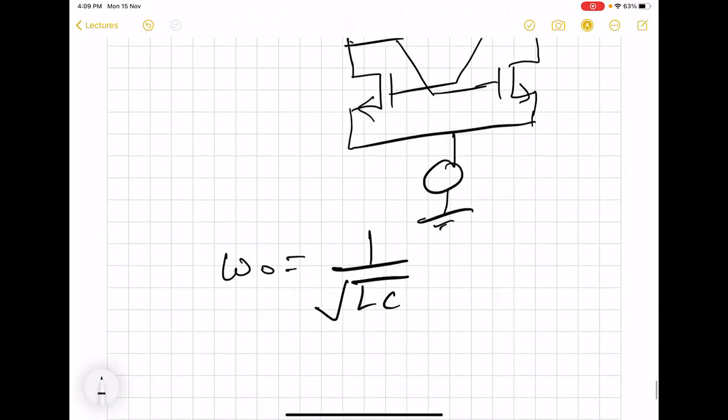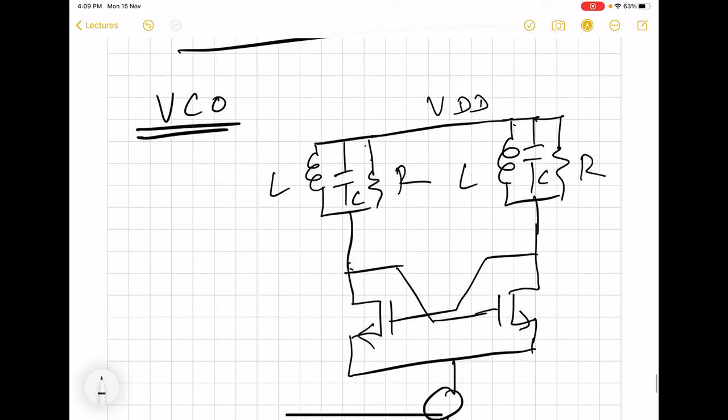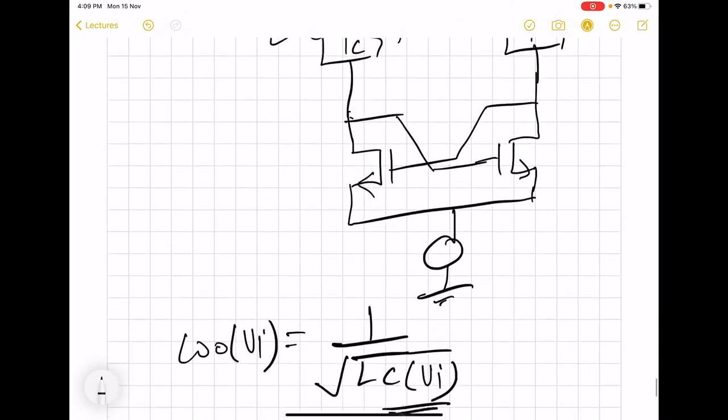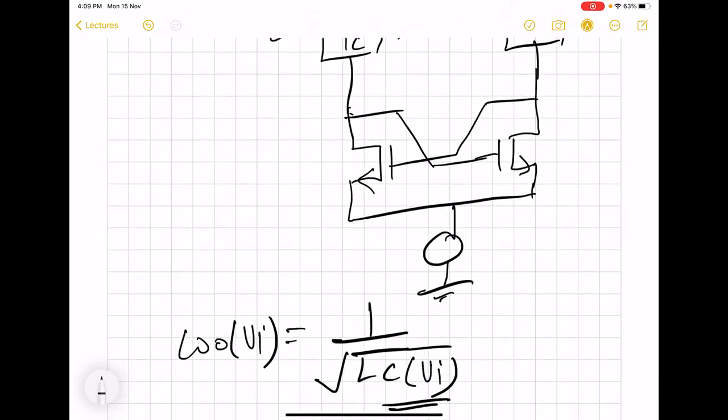If you want to change the oscillation frequency, that means if you want omega naught to be dependent upon a certain input voltage, then typically it will be easier to change this total capacitance that we see here. This can be realized with the help of MOS so that it is easier to fabricate.